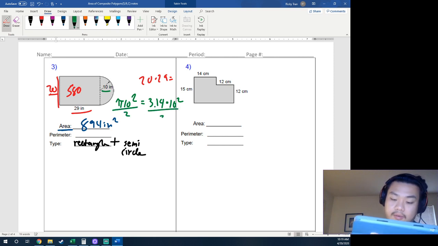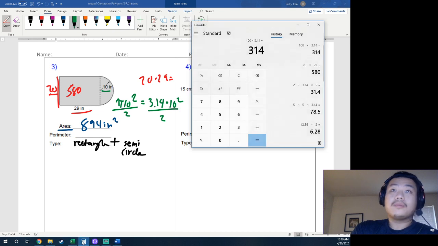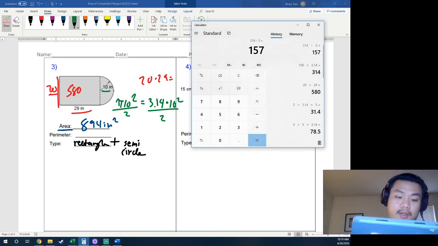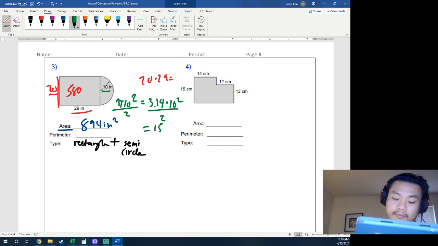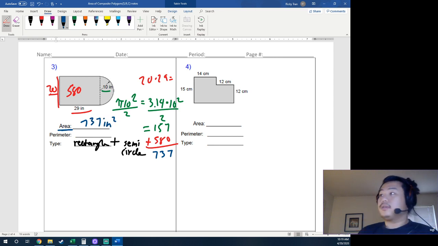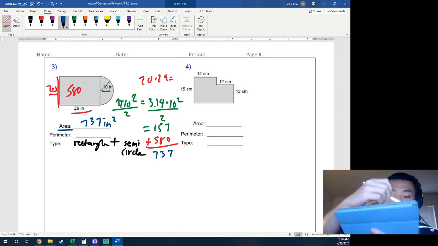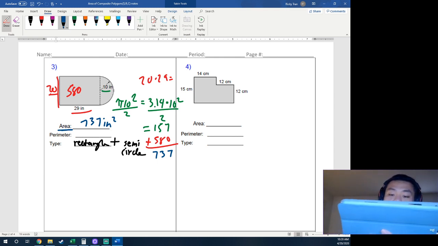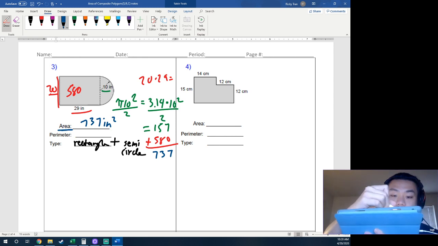So it's actually 314 divided by 2, which is 157. That plus 580 would give you 737 inches squared.